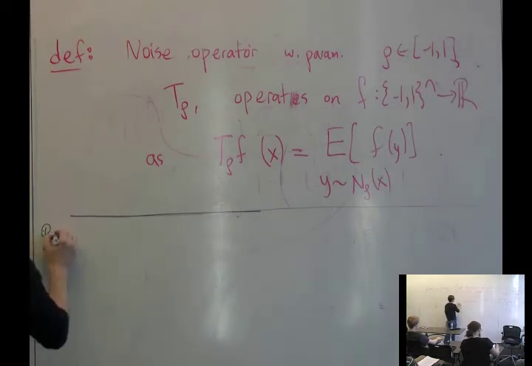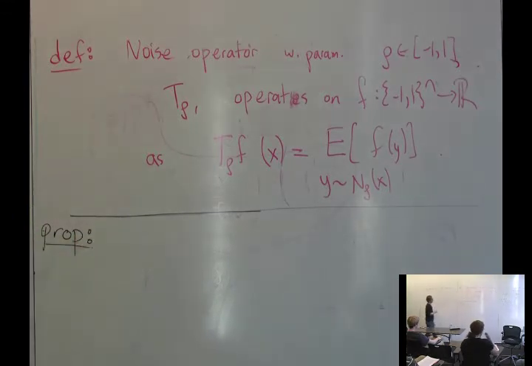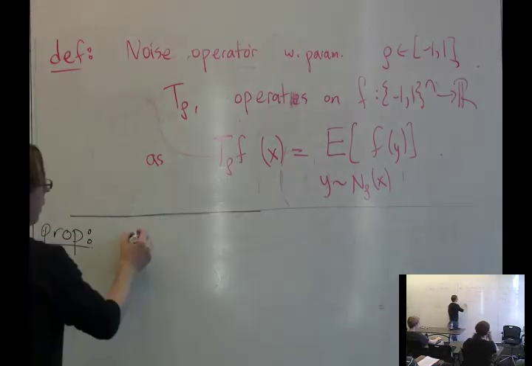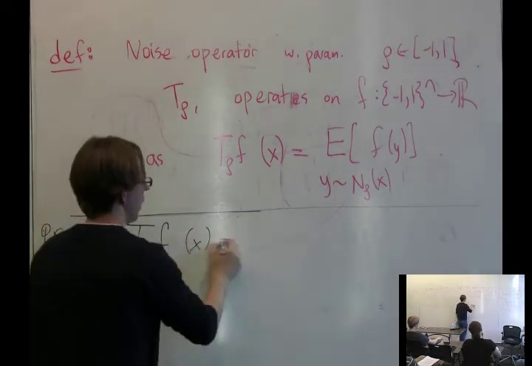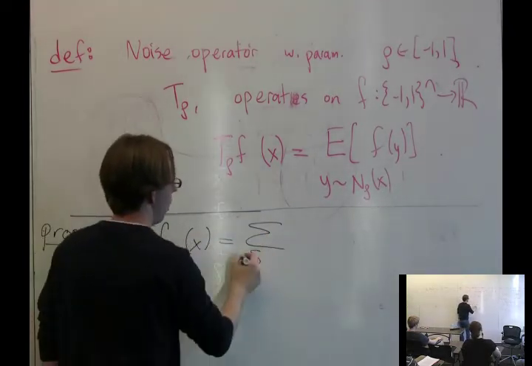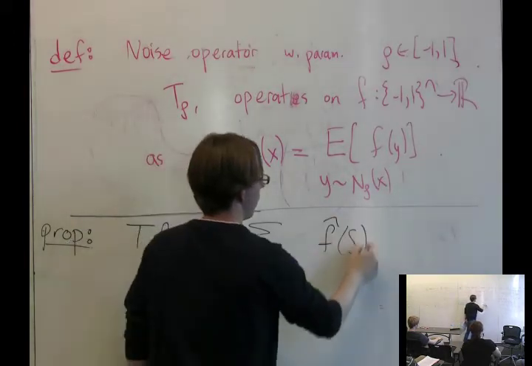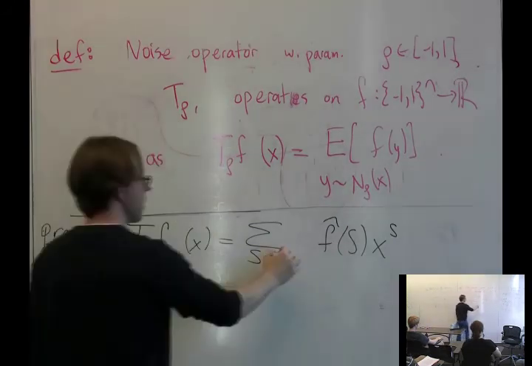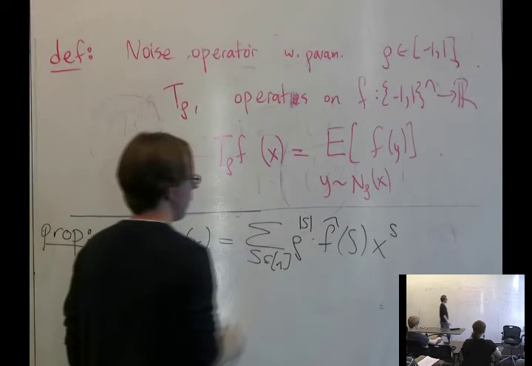But let me start out by understanding how it operates on the Fourier expansion. So if I know the Fourier expansion of f, what is the Fourier expansion of T rho f? Now the answer is that T rho f of x has this Fourier expansion: sum over S of f hat of S times x^S. So far it looks exactly the same, but then there's a factor, rho to the cardinality of S. Okay?